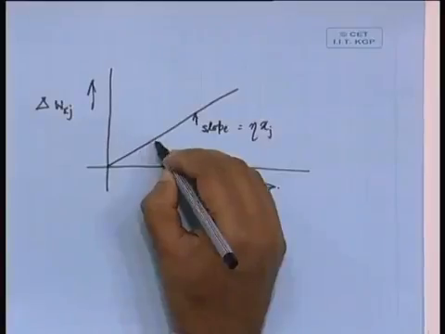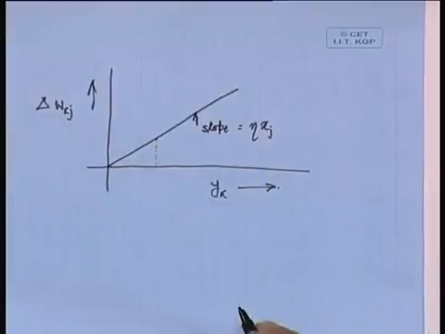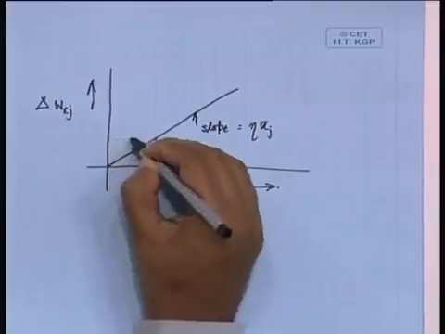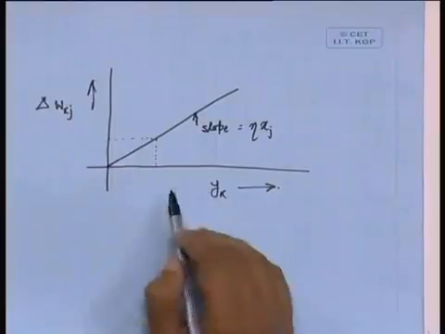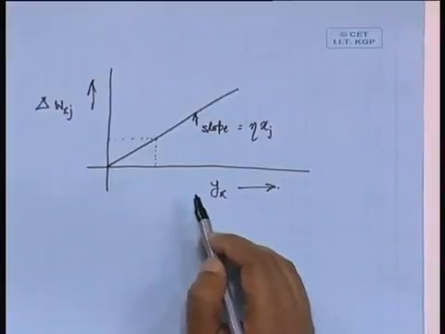So, if we begin with say this value of Yk, we are going to have this much of delta Wkj added to our Wkj. So, in the next time step, the Wkj that we are going to have is Wkj plus delta Wkj, and that will necessarily mean that with the same Xj, with a constant Xj, we are going to have an increased Yk.